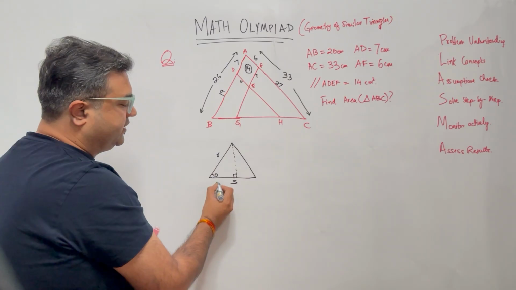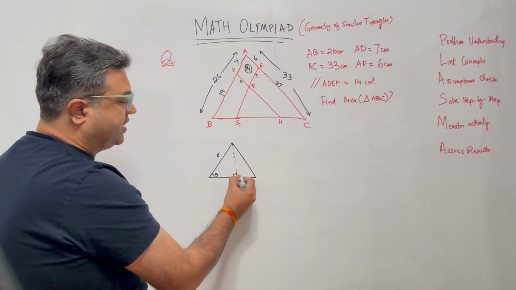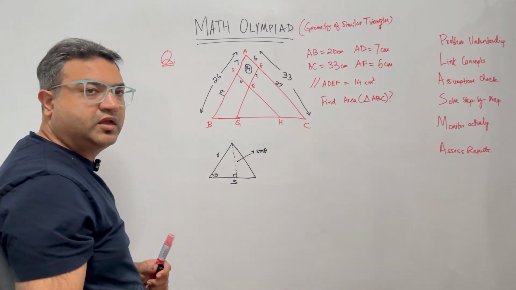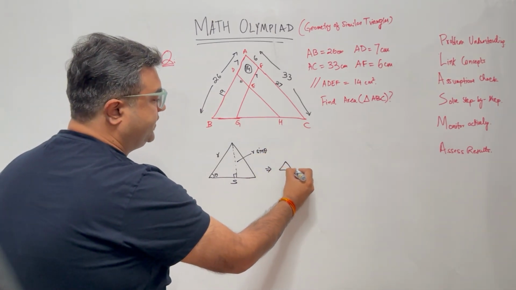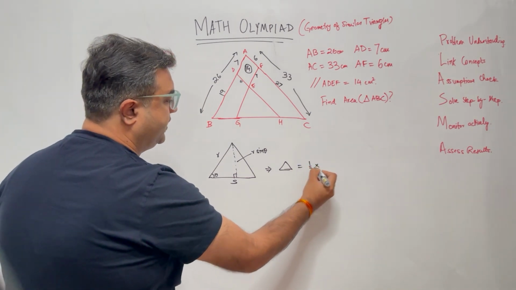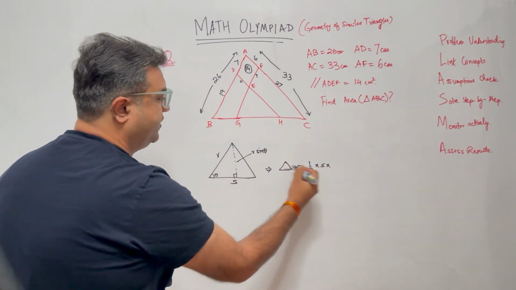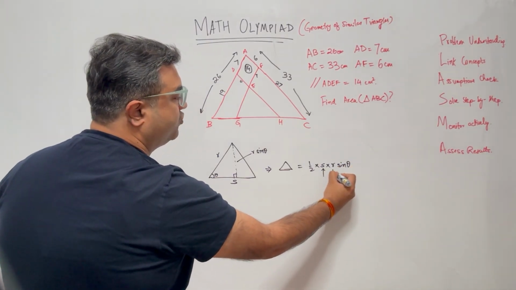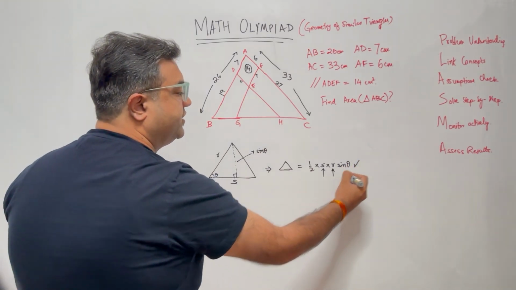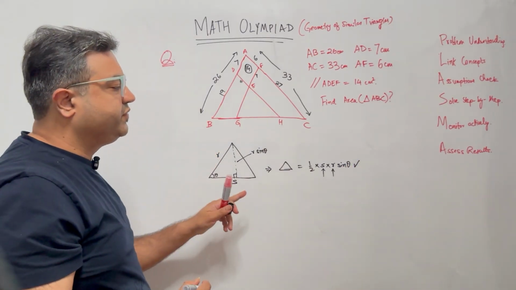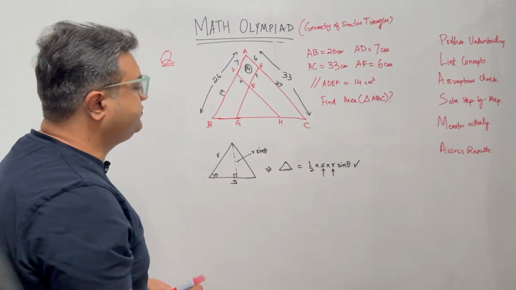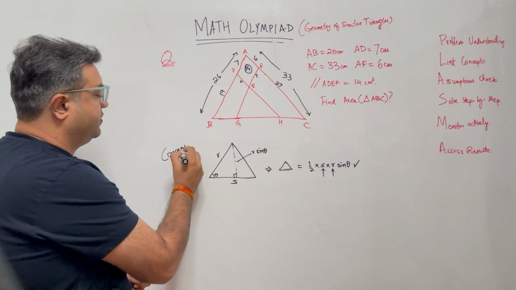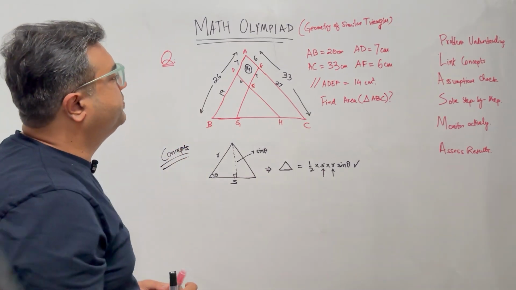So if this theta is known, the height will become R sine theta, correct? So the triangle's area will become half into base, which is S, into height, which is R sine theta. So just by knowing the theta, we are able to calculate the area of the triangle, correct? So this is one of the concepts to be used in this problem.